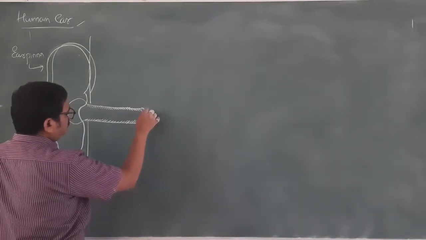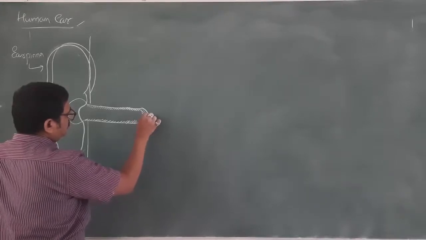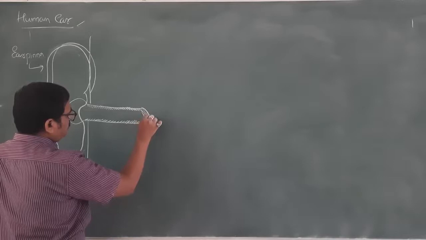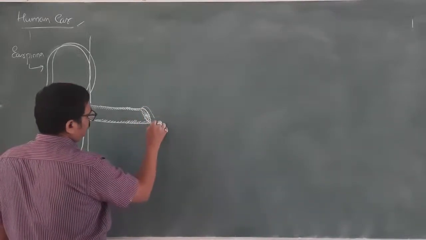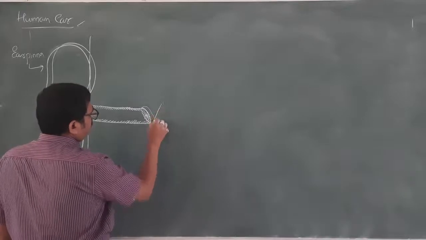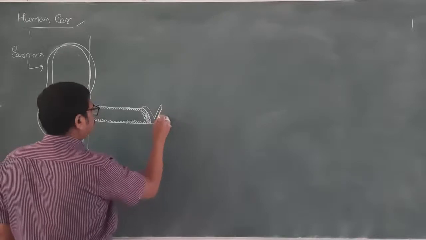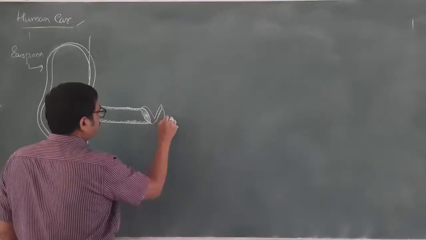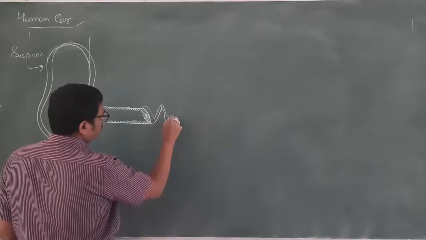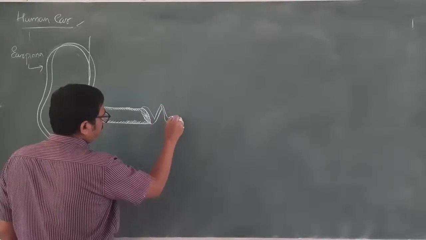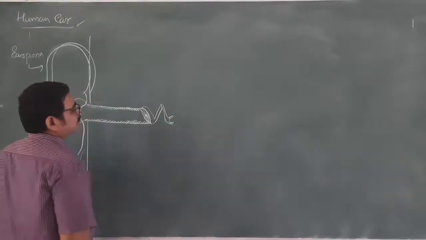This structure is the tympanic membrane or eardrum, and very next to this is the structure called the ear ossicles. There are 3 ear ossicles.